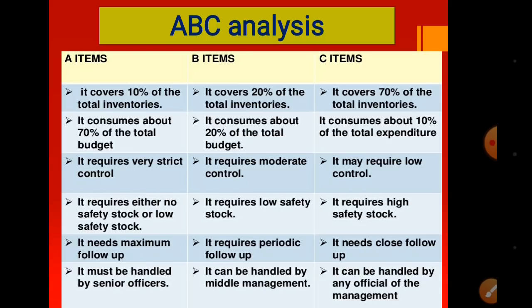A item requires very strict control, B item requires moderate control, C item requires low control. It requires either no safety stock or low safety stock. B item requires low safety stock and C item requires high safety stock.